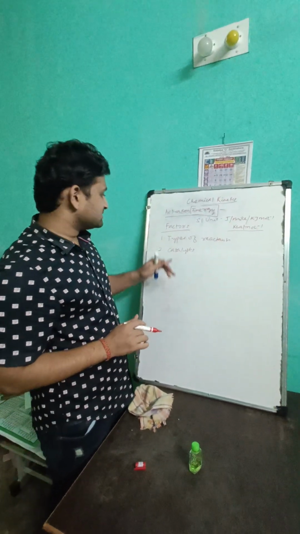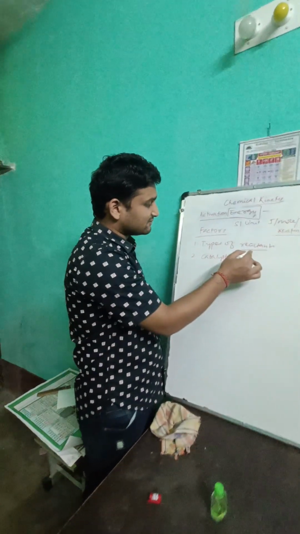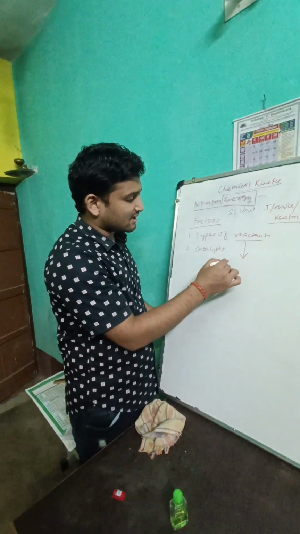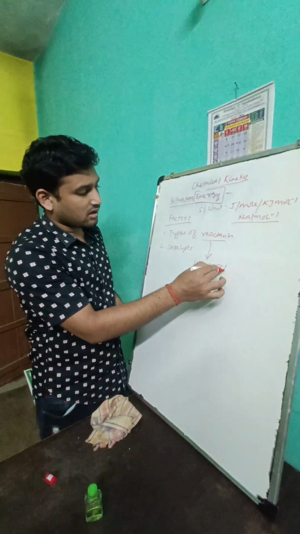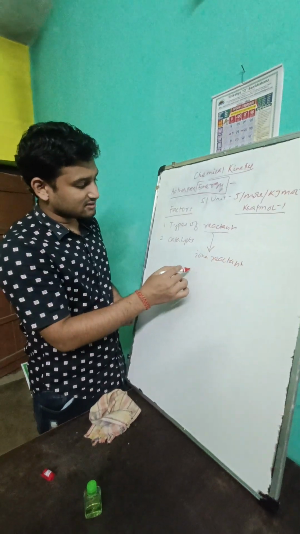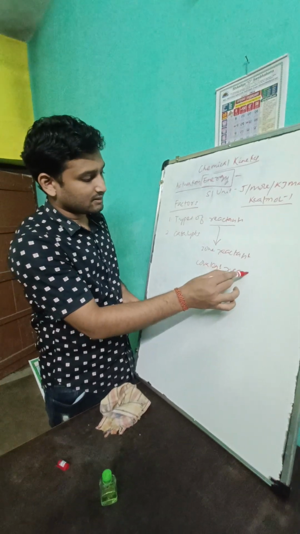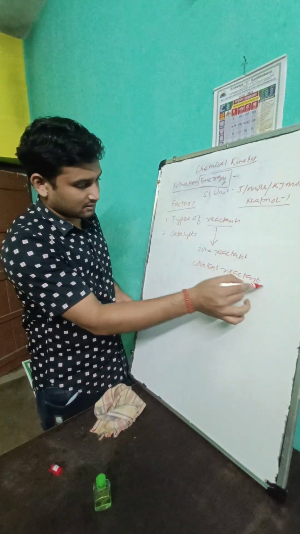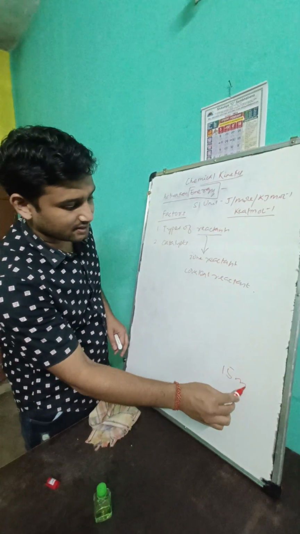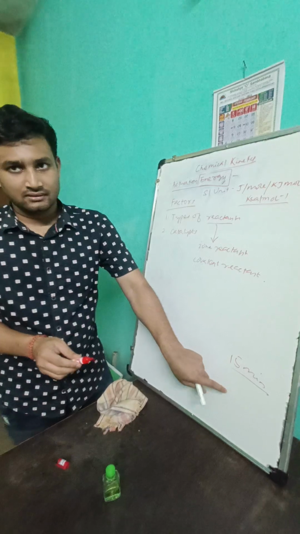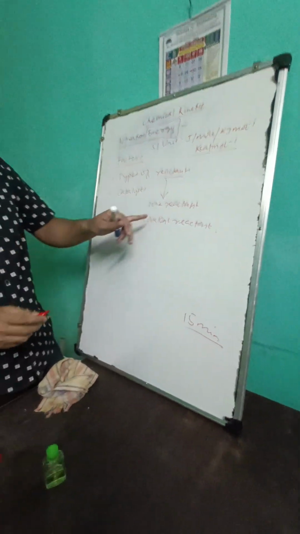Now coming to the factors, there are types of reactants. We will go through two types of reactants: one is ionic reactants, and another is covalent reactants.